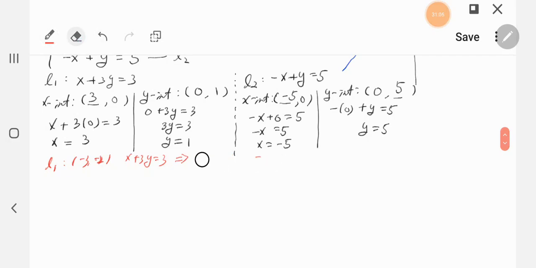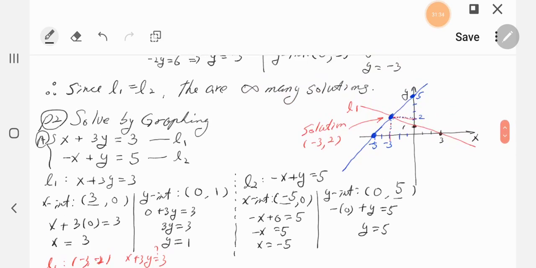I'm just checking whether the intersection makes these two equations true. So x is negative 3 plus y is negative 2. Then this is equal to negative 3 minus 6. Wait a minute, that's negative 9, right?